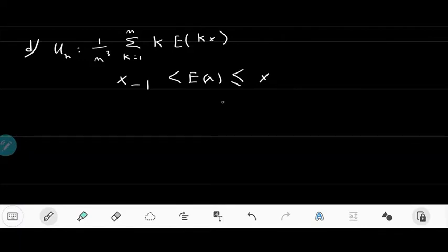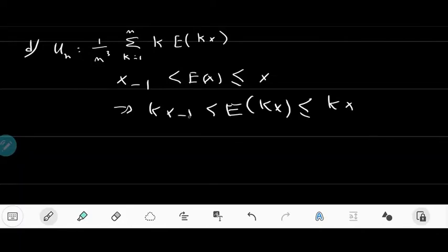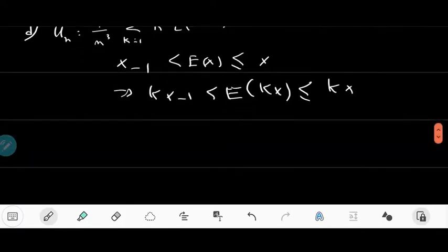So if we take this, it means that e of kx is bounded between kx from one side and kx minus 1 from the other side. So apply this to the formula that we have.